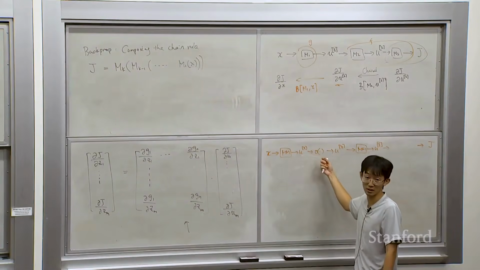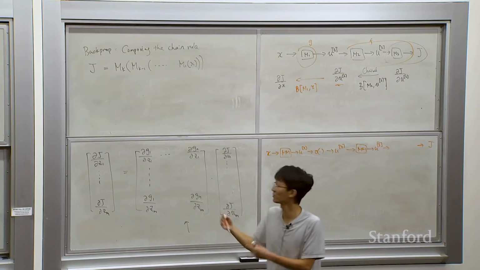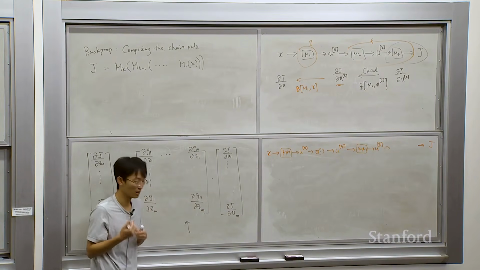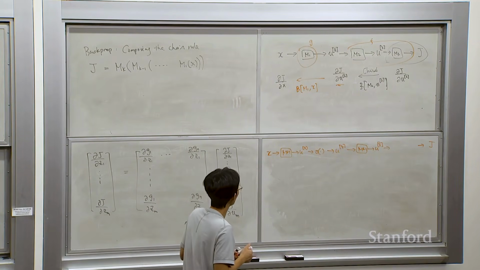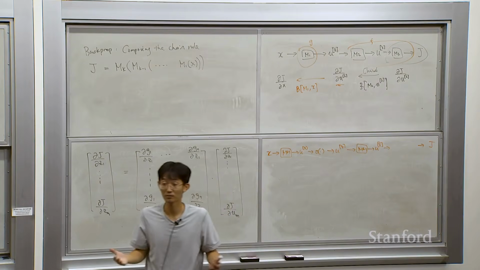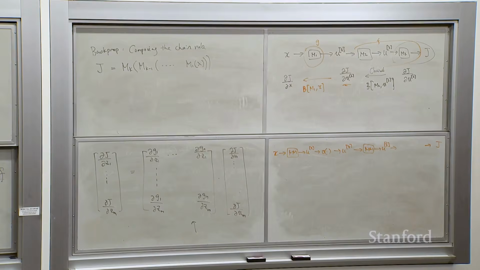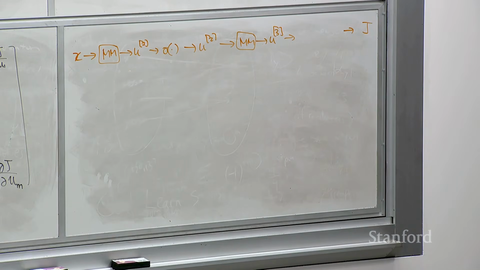There's a specific one for the activation functions. Each of them has different Jacobians here, so a different kind of mapping. And we can compute each of them. And once we have all of them, we just compose and get the backward pass. Any questions?